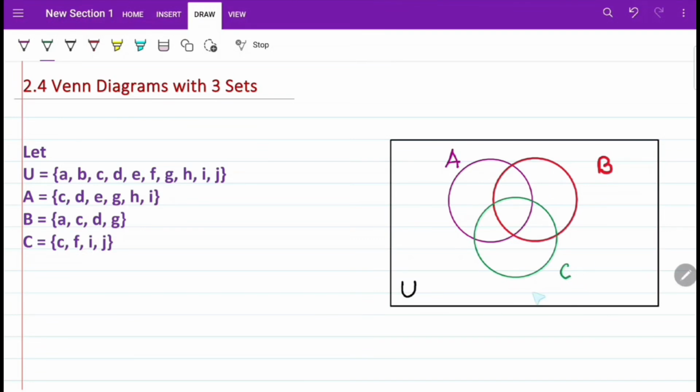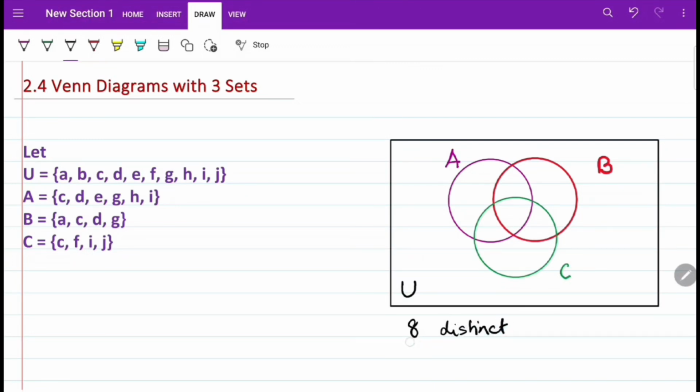Now, we see that these circles are intersecting, and these intersecting circles form 8 distinct regions. So I'm going to go ahead and number each of these regions. All right, so we discussed that the intersecting circles form 8 distinct regions.